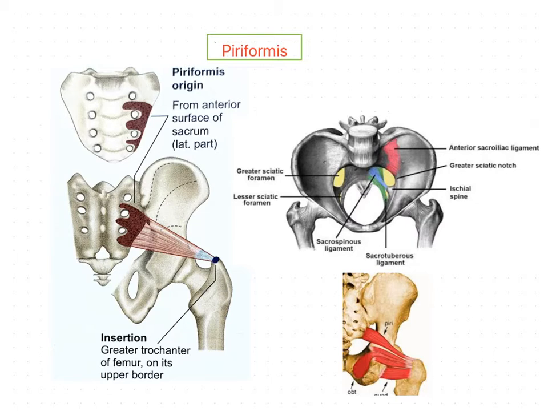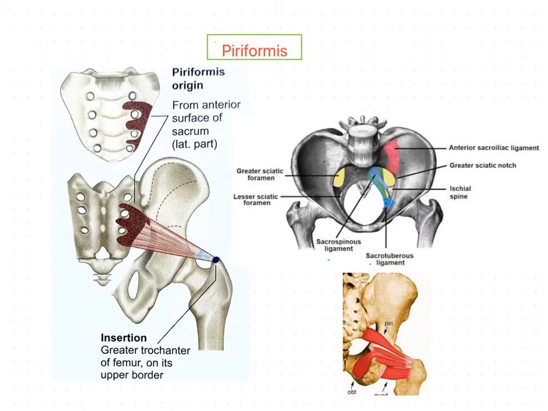The sacrotuberous ligament originates from the lateral aspect of the sacrum as well as the coccyx, and it is inserted at the ischial tuberosity. So it is called the sacrotuberous ligament, isn't it?